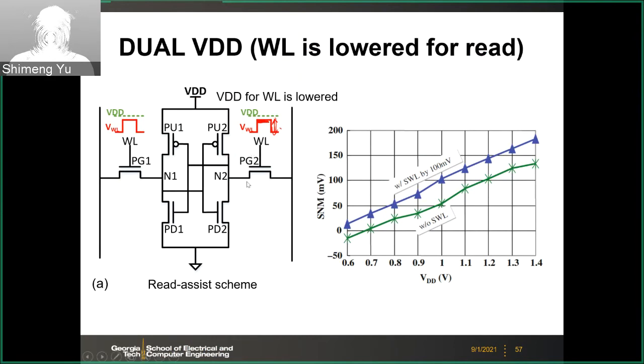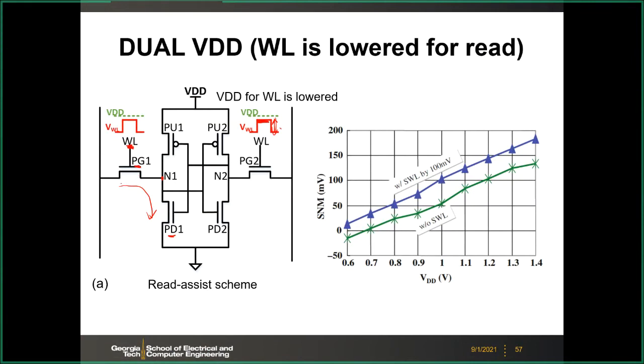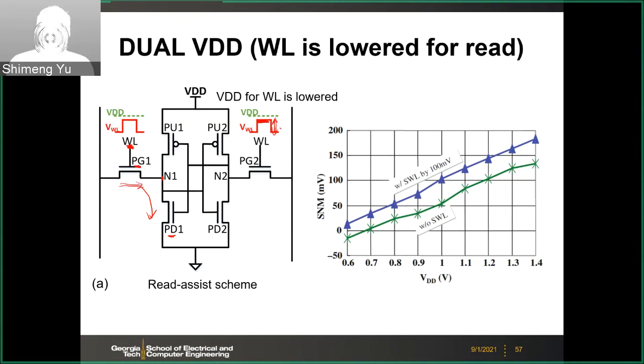Why is that? Because in the read operation, if you recall, the N1 node, right? So you have this current flow, and then you want PD1 to be stronger than PG1. So one way to weaken the PG1 is to reduce PG1's gate voltage. So then you will have less current flowing through the PG1. Then the N1 node will be more safe.